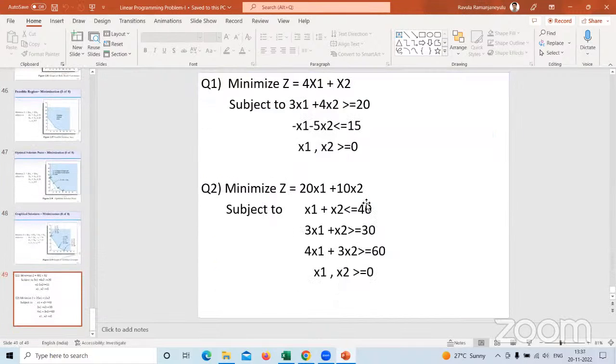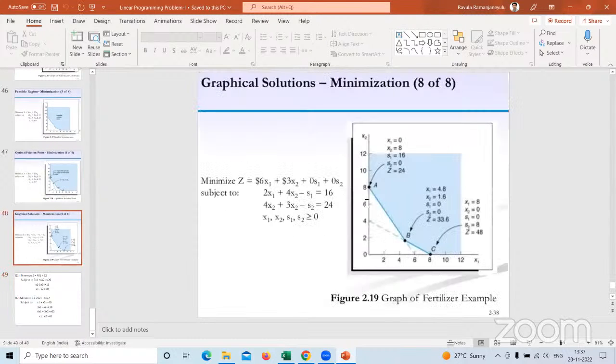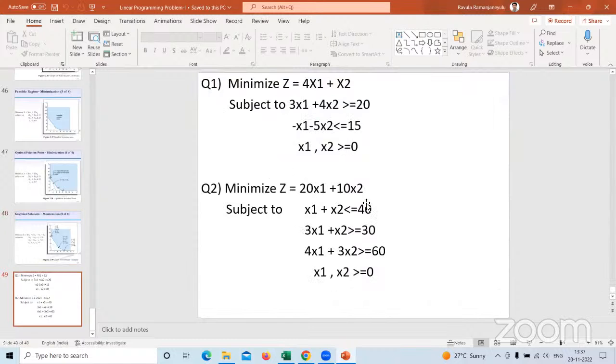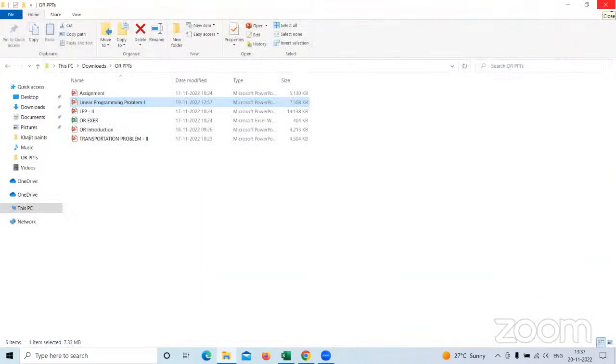If the boundary is out of control, out of the limits, then we'll call it an unbounded solution. You can go through your PDF also. I'll tell you that in the class. I kept it in the PPT, but it is not found right now. Anyhow, we'll discuss that one.